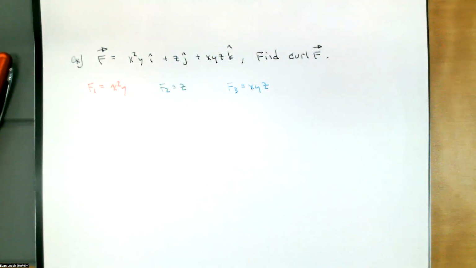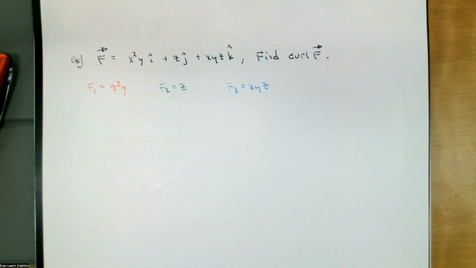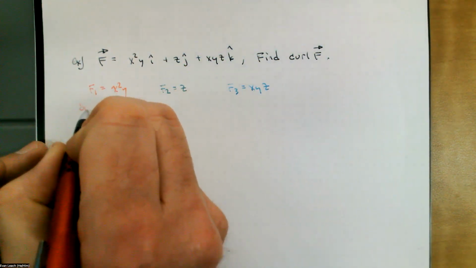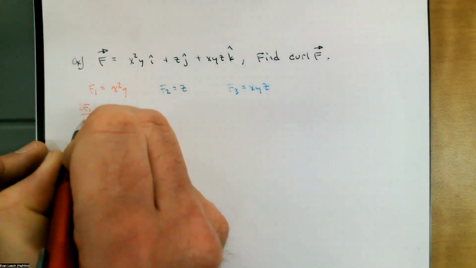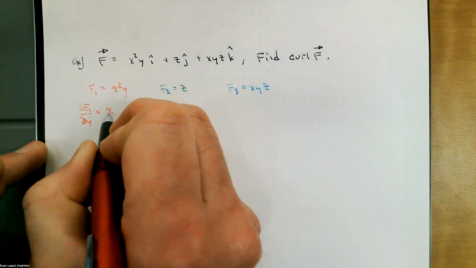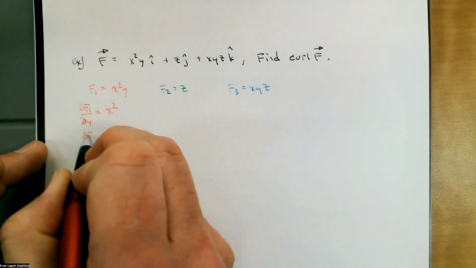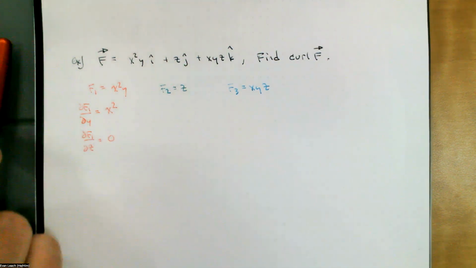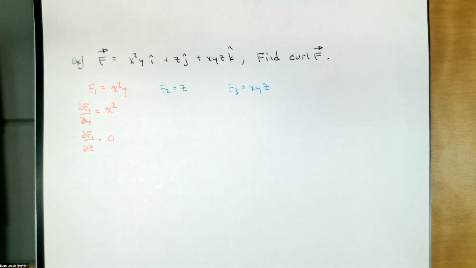So if we think about what's grouped together, I need the partial derivatives that aren't vacuum. So F1 doesn't need the partial with respect to x. I need the partial of F1 with respect to y, and I need the partial of F1 with respect to z. So partial of F1 with respect to y is going to be x squared. And the partial of F1 with respect to z is going to be 0. There are three partial derivatives, but I only need two of them.